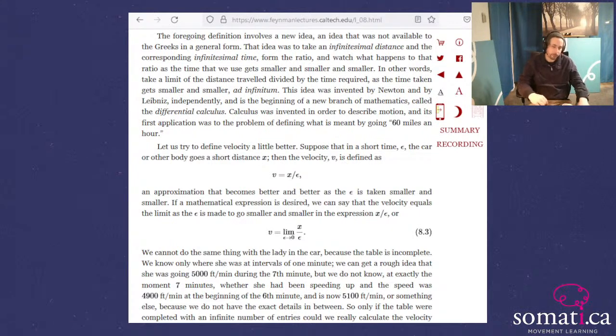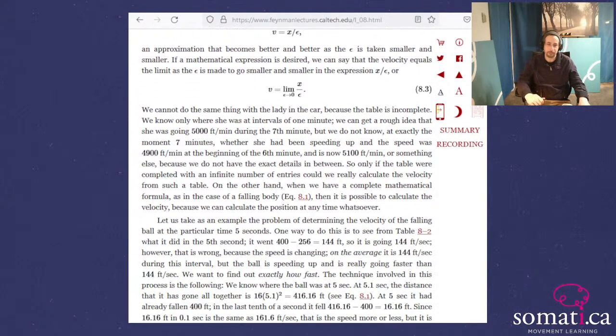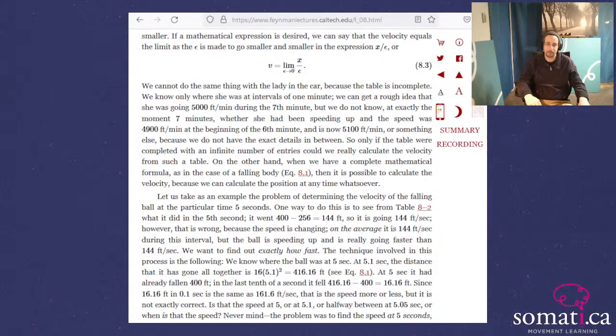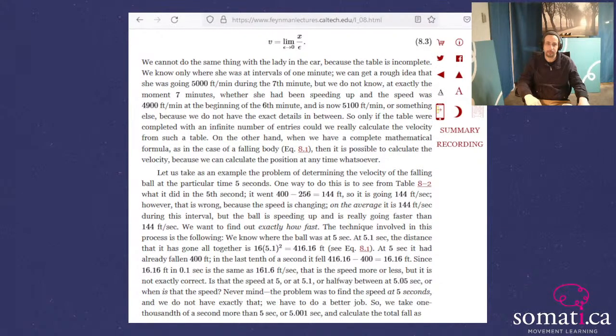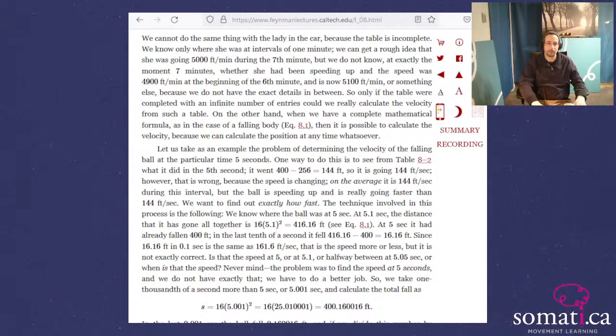So yeah, that's a limit. Can't do that with the lady in the car because the table is incomplete.